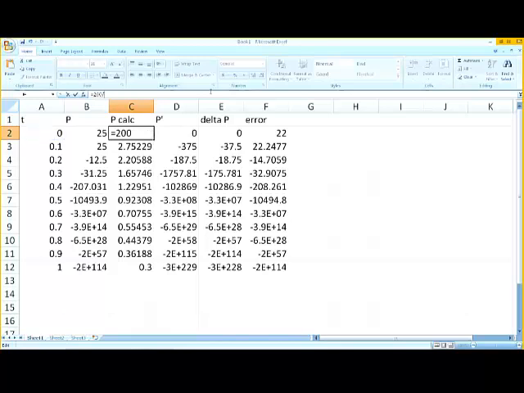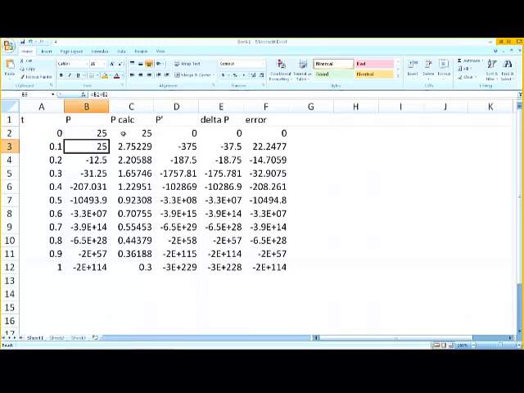So it's 200 divided by the quantity 1 plus 7 times e to the negative 0.264 times t, which is this cell. Close the parentheses, and I should get 25 at t equals 0, so that's good.